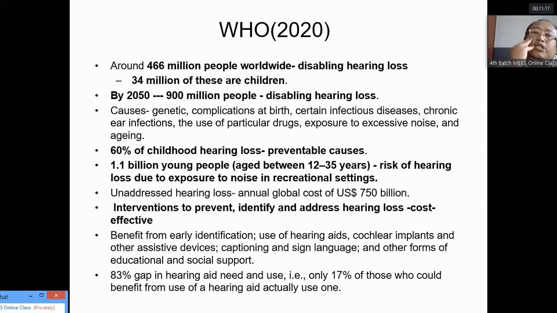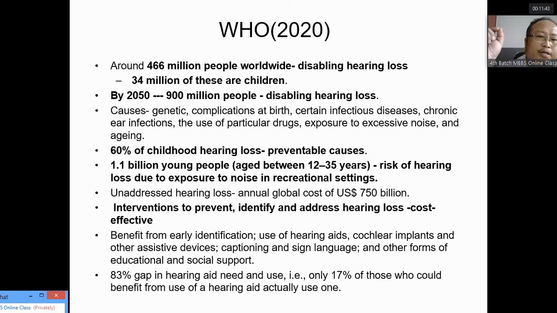About 466 million people are involved in some kind of hearing loss. It might be mild, moderate or severe. Among them, 34 million are children, and these are especially the most targeted patients for hearing loss.